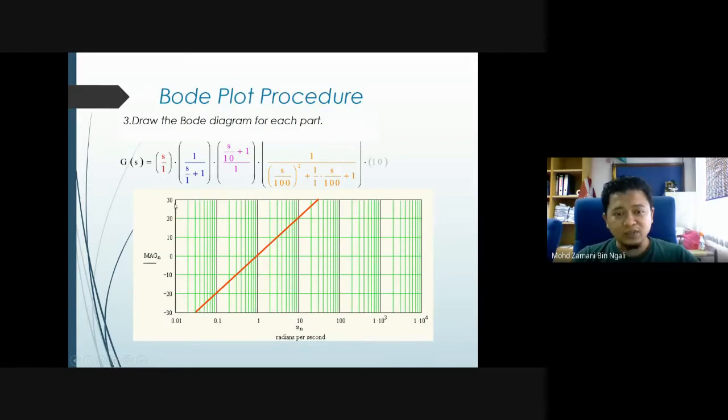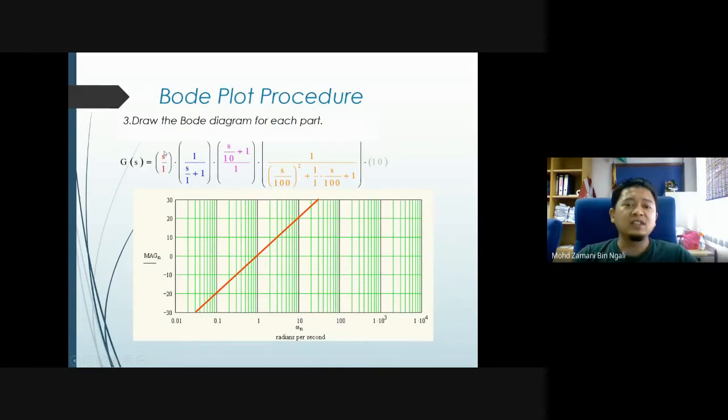So this one is from here. So it means that if you have S over 10, for example, you will have the same line, the same slope, but it will intersect at 0 magnitude and the frequency of 10. So it will be here.